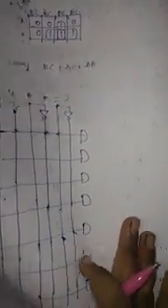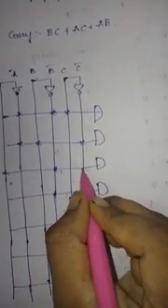We have the sum equation: A bar B bar C, A bar B C bar, A B bar C bar, and the last one A B C. All these AND gates are connected to one fixed OR gate.